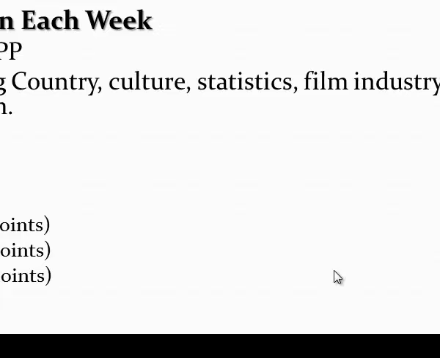I give them some supplemental videos. I use some supplemental websites, and the weekly assignments: an essay, and I specifically say 40 points, the discussion 10 points, and the quiz 10 points. So that's the regular weekly work that the students have to do.